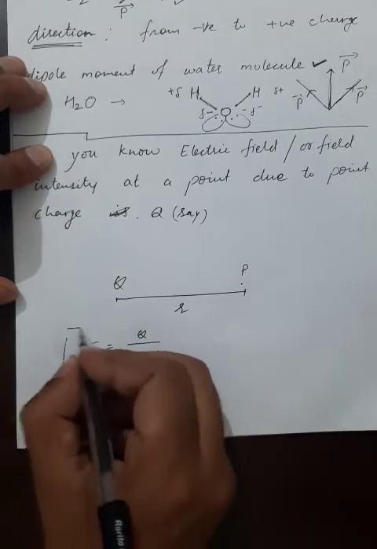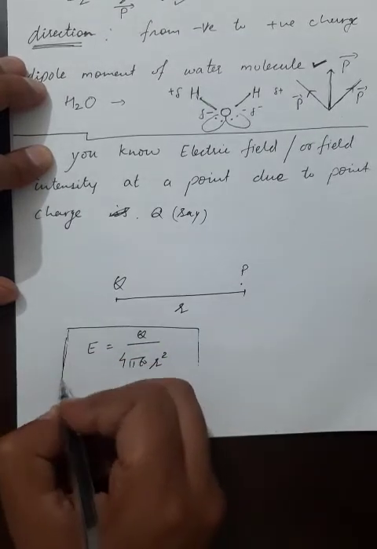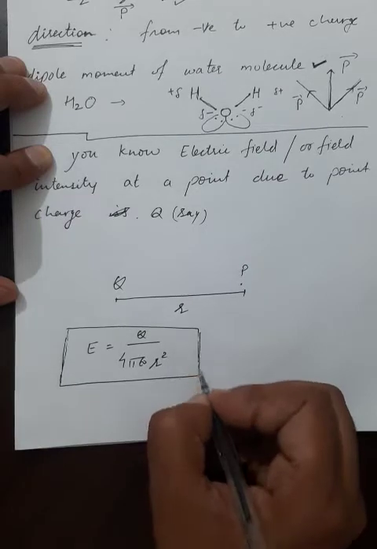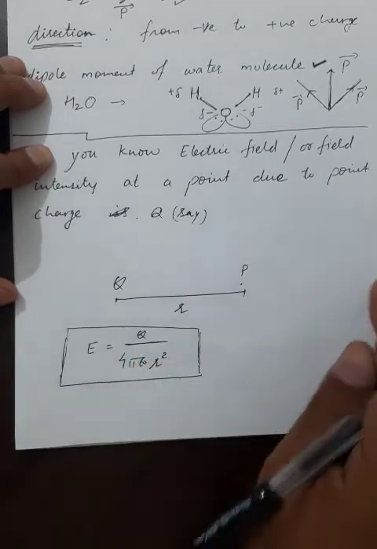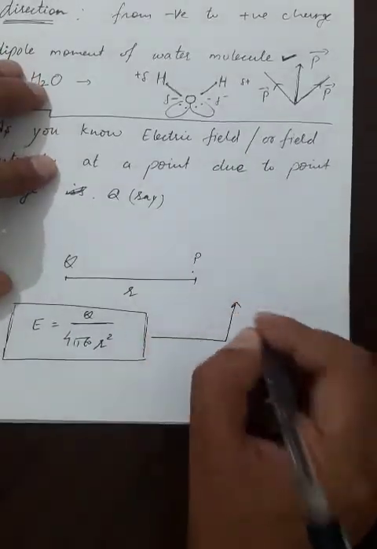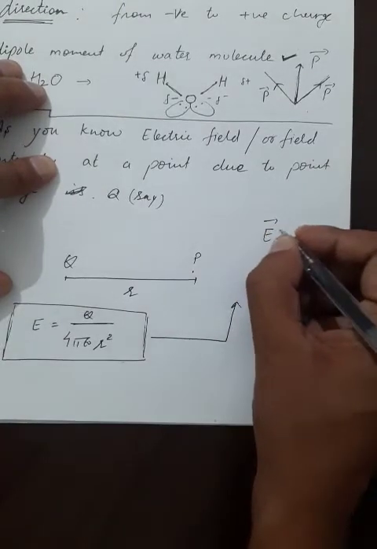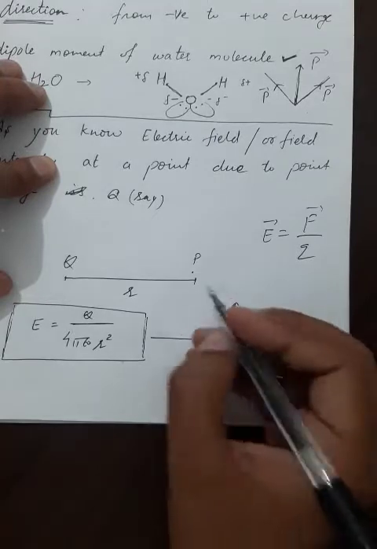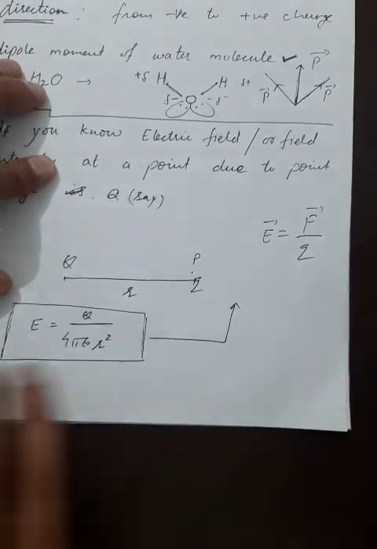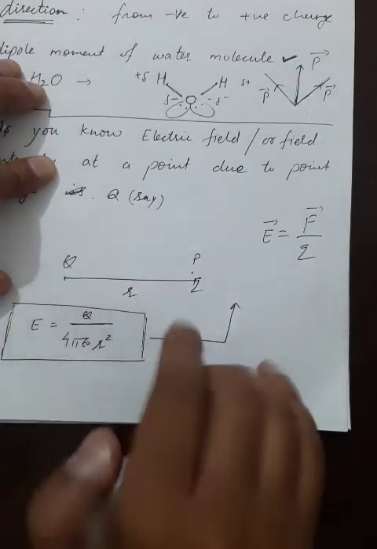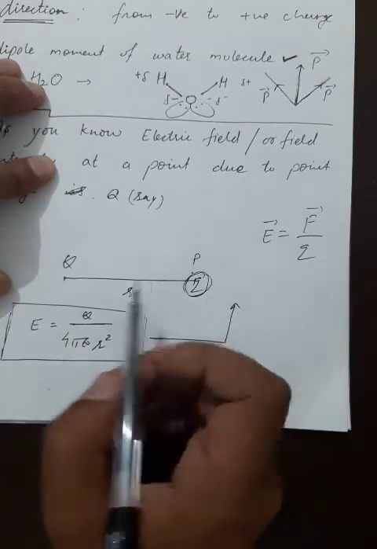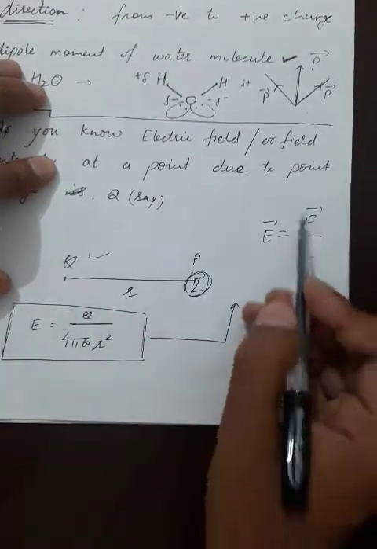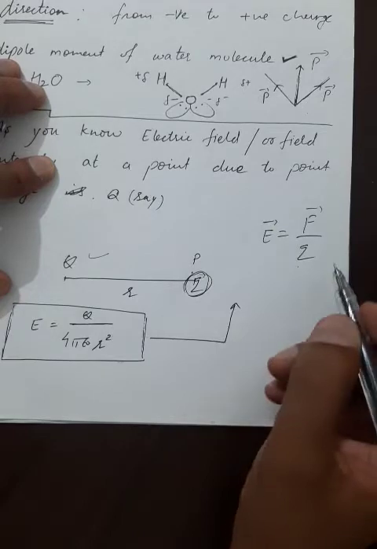So this is the electric field due to a point charge, and this is from E vector equal to F vector over Q, that you know very well. If we place a test charge here, then the force experienced by this test charge due to this source charge per unit charge is the electric field intensity.